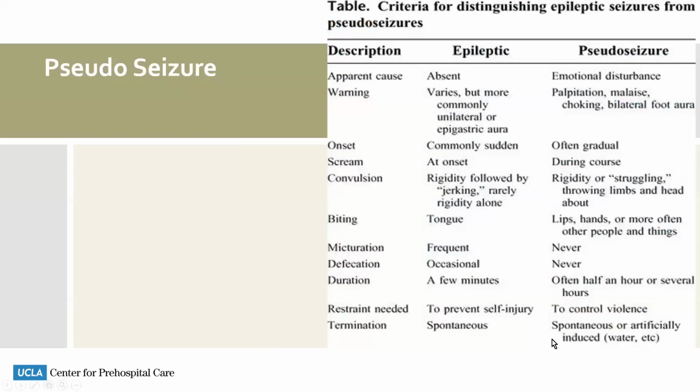Okay, so a pseudo seizure. When I was practicing in Canada, we had this gentleman that used to come in and he knew tonic-clonic seizures, like a grand mal seizure. He knew it better than a patient who had epilepsy. And he would come in like that, and he just loved to have the drugs that we gave him to prevent the seizure.